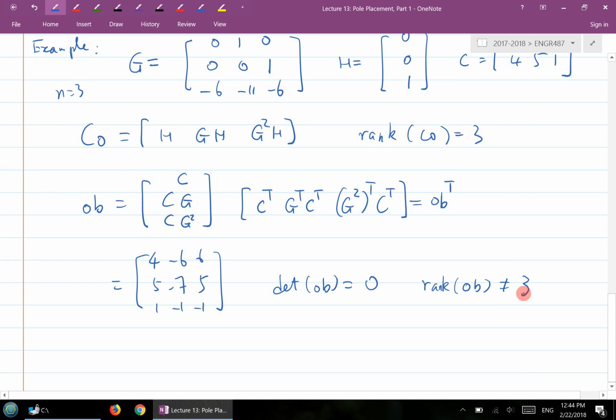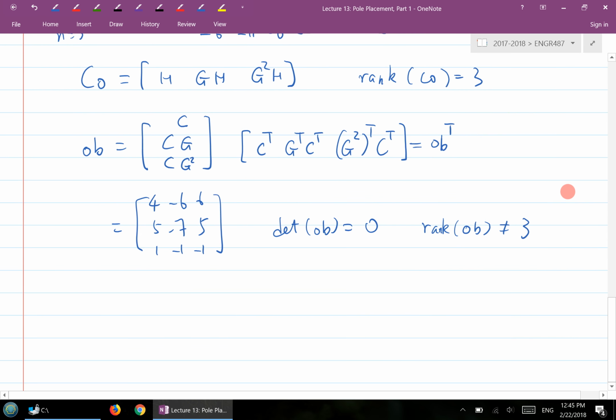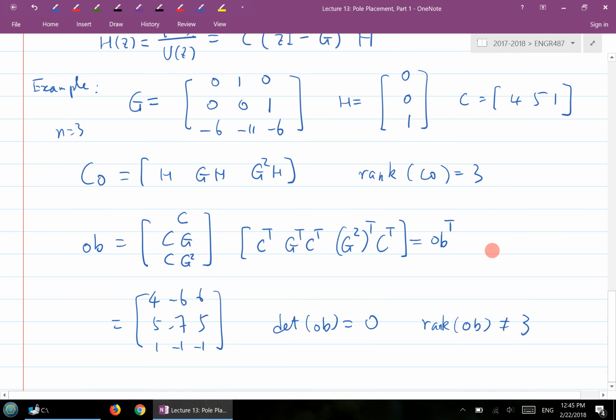It's not full rank. It may be 2, or maybe 1. Who knows. That's fine, which basically means the system is not observable. But the question here is why. We want to look into a deeper issue: why is this system not observable? I'll leave that as an exercise for you to do.